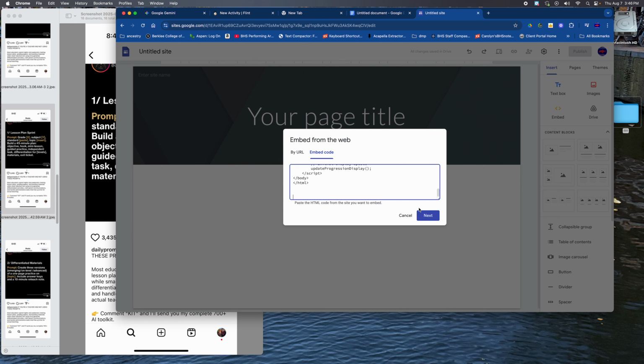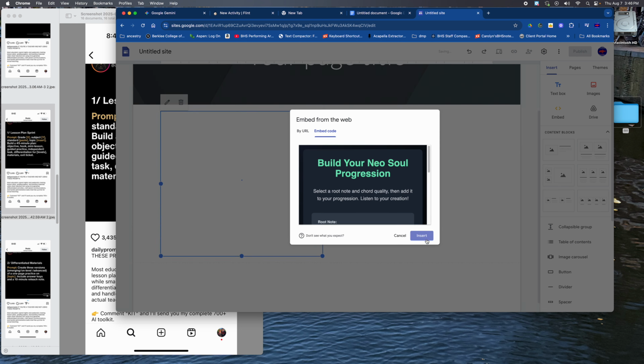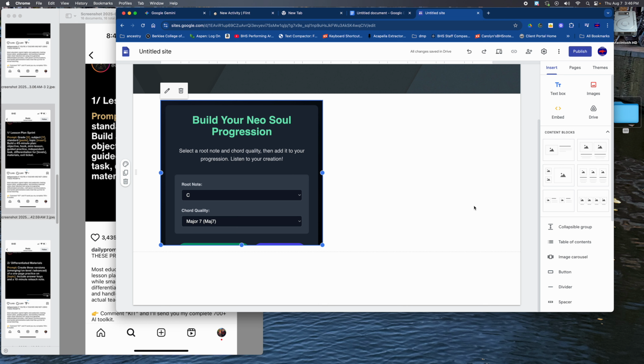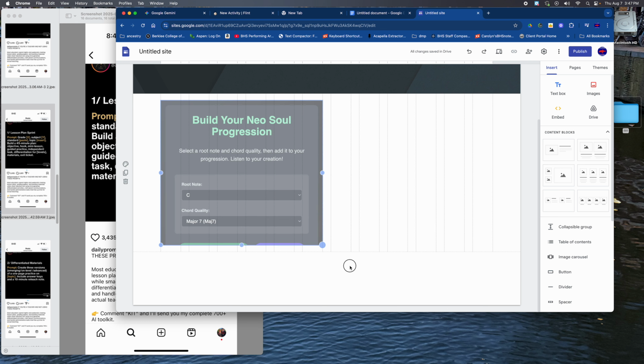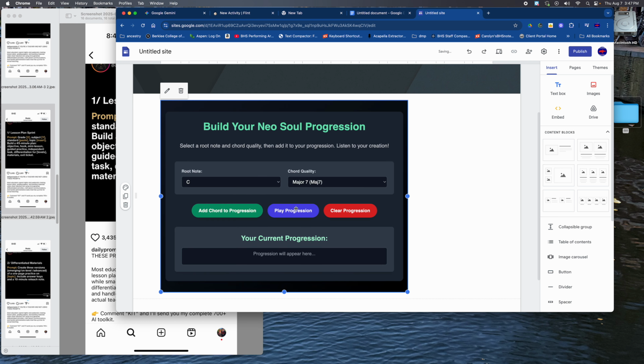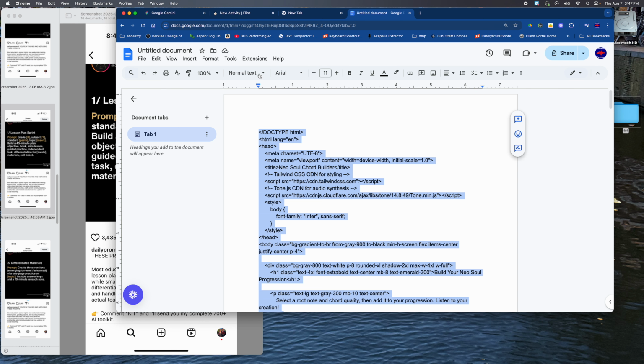Here we go, paste. Next. Insert. There it is. So if I publish this, that is how I did that other oscillator thing. If I then publish this, I can be interactive. So that's the workaround I did to be able to share some interactive stuff from Gemini. I put it into Google Sites.